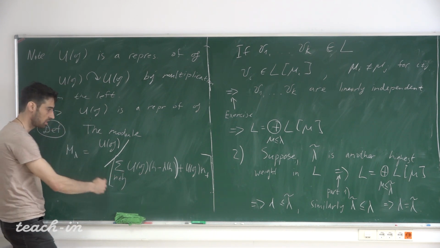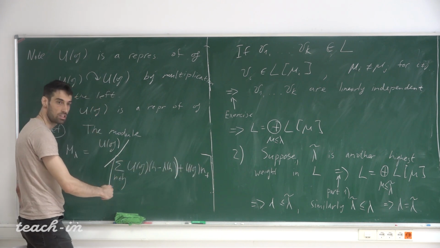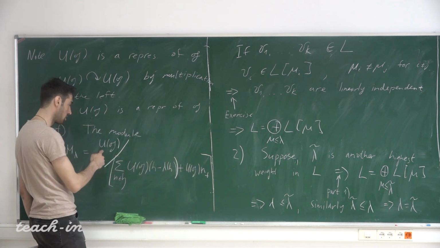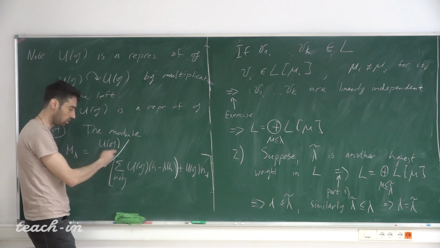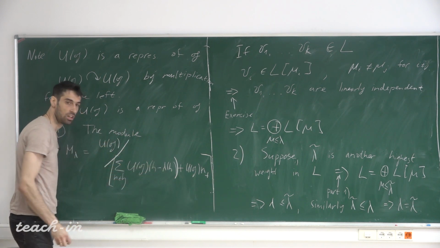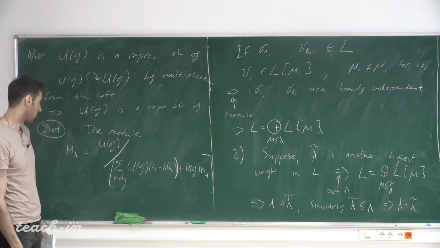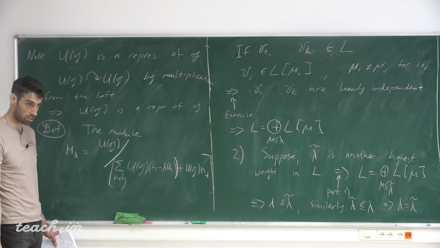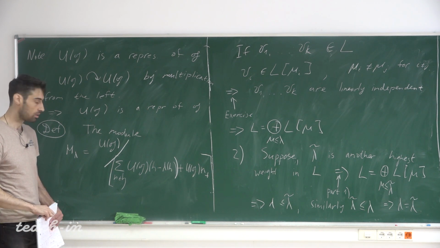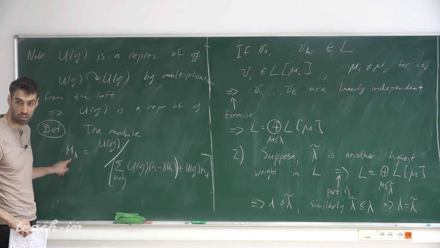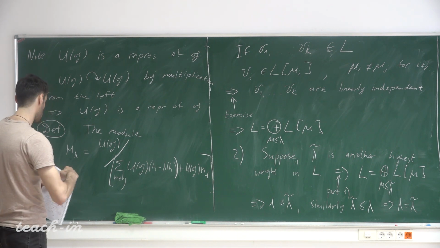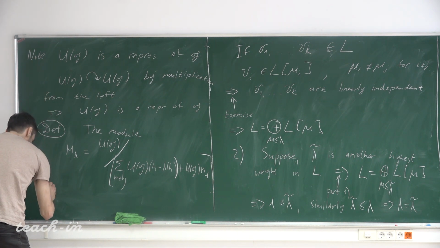So this is a subrepresentation. This is a left ideal and a subrepresentation in here. Therefore, this quotient is some other representation of G. We call it M lambda. This is called the Verma module.